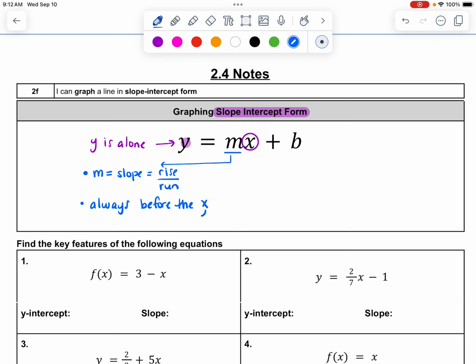So if you look at the x, you're going to look at the number that's right before that, and that's always going to be your m. The last thing that you need to know is that it is not always the first number in the equation. The x could be at the beginning of the equation, or it could be at the end of the equation. The important thing is that the m is always the number that is right before the x, the coefficient.